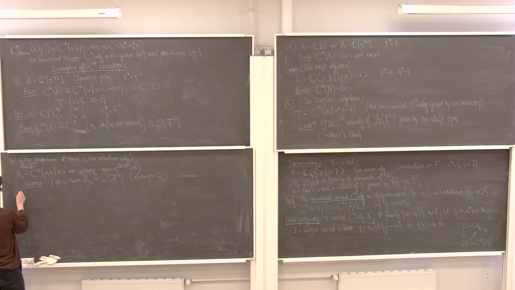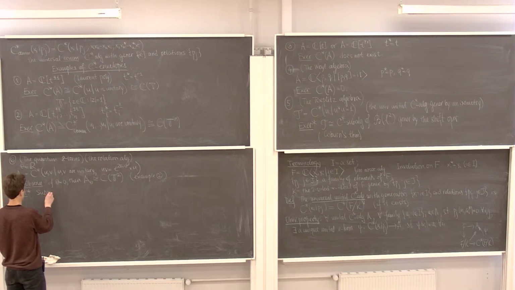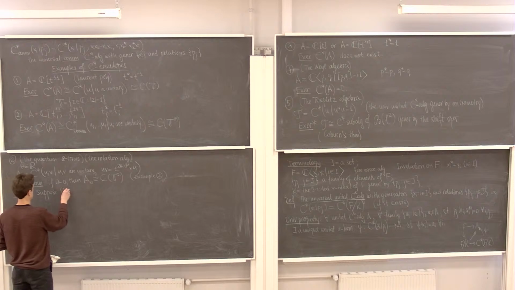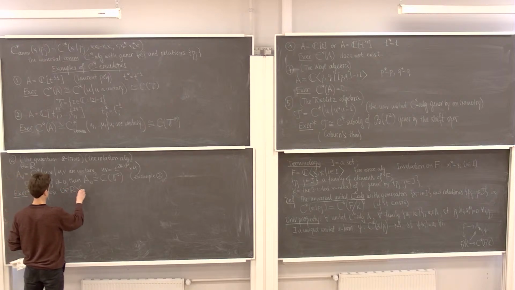A useful exercise, which is not entirely trivial, but again I'll give you a hint in the exercise sheet, is that this algebra can be defined more explicitly under the assumption that theta is irrational. So suppose that the number theta is irrational.